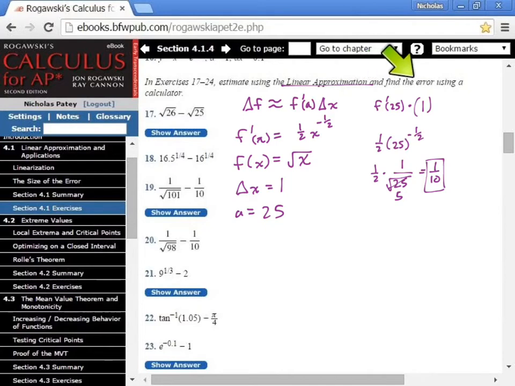The second part says find the error using a calculator. Now in order to find the error, we need to know what this actually does equal. So you have to take this and plug it into the calculator. So get your calculator, go radical 26 and subtract from that radical 25, which is just 5.